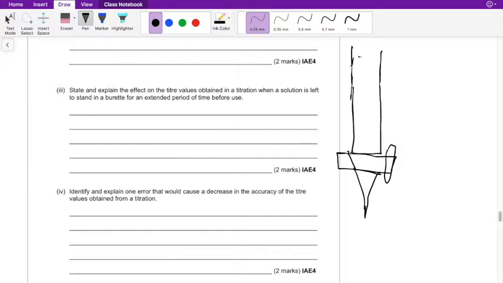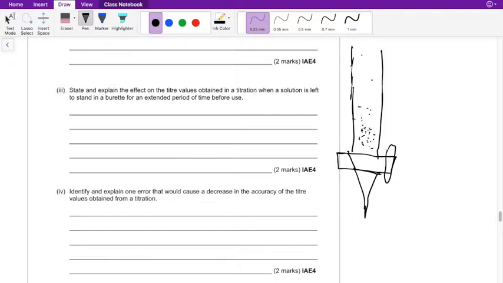It starts off being homogeneous because it's all nicely mixed through. If it's left to sit for an extended period of time, all of these ions in here are no longer going to be homogeneous. The heavier ones are going to sink to the bottom, like so, and there'll be less up here.